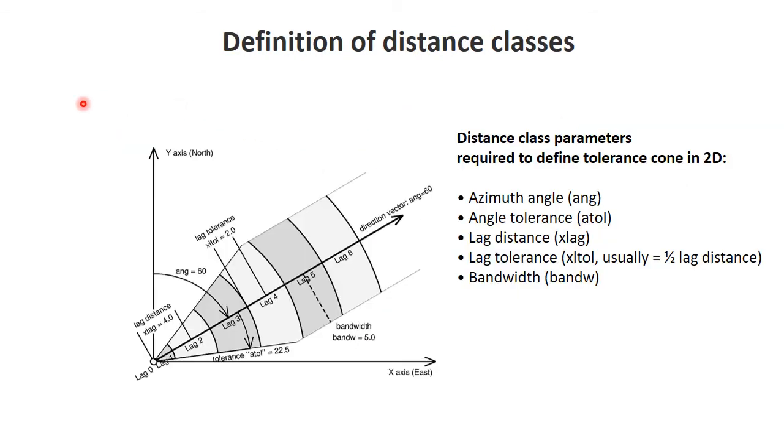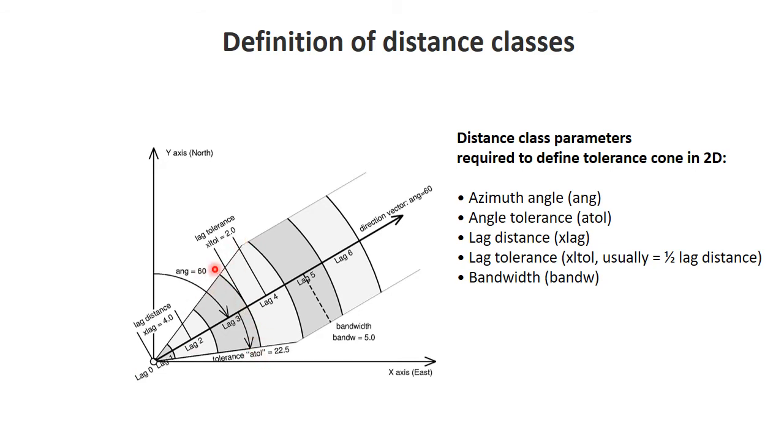In many software packages this is implemented the same way. You notice here it's slightly different, but a similar concept. There are basically 3 tolerances that we need to think about. The first is that of the lag distance, which is the size of this piece of the pie here. Then we have the angle tolerance, which is how wide our pie or our pizza is.